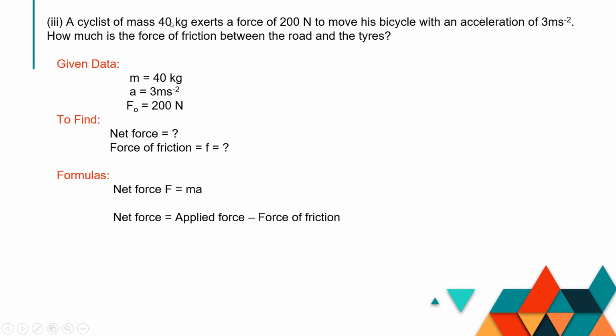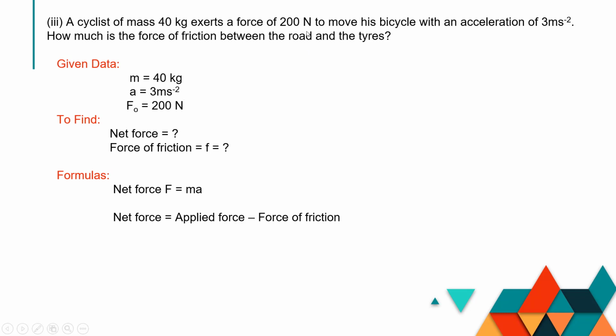As the mass of the cyclist is given, which is 40 kg, you will write m equal to 40 kg. Next, you are given the acceleration of the bicycle, which is 3 meter per second square, so you will write acceleration equal to 3 meter per second square.